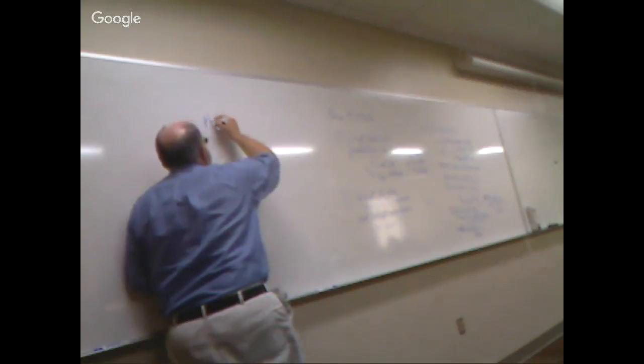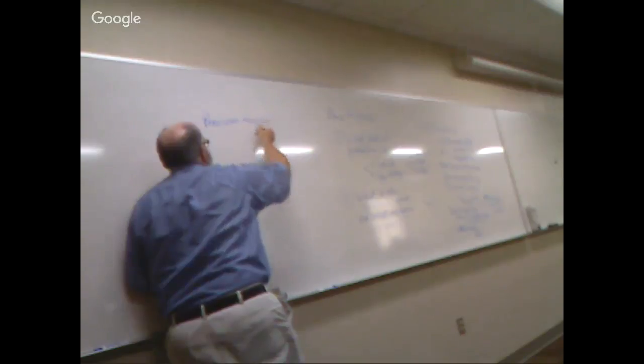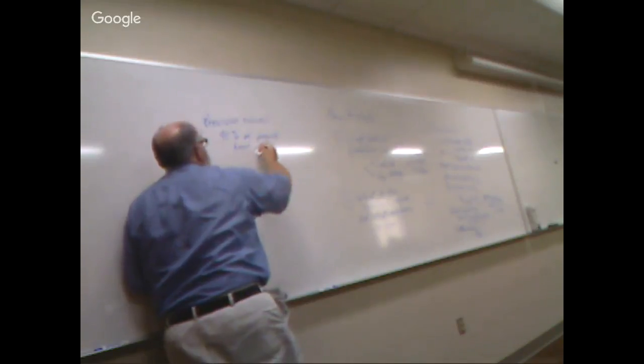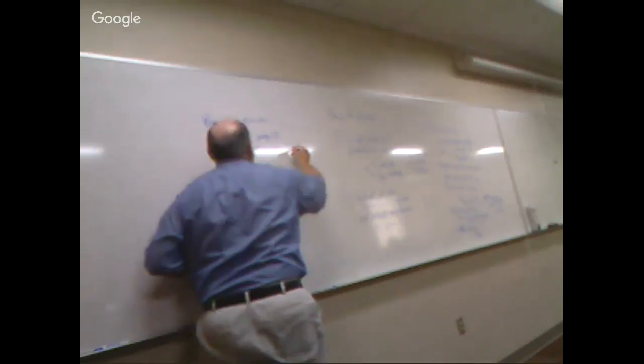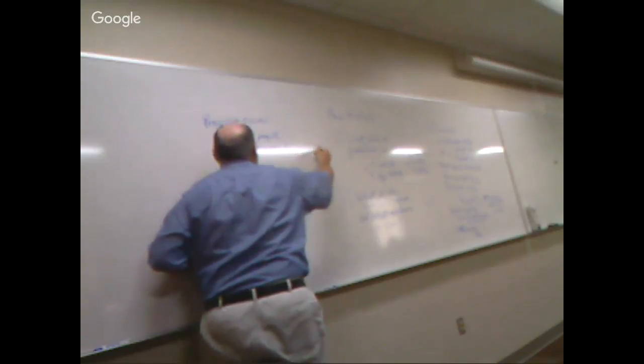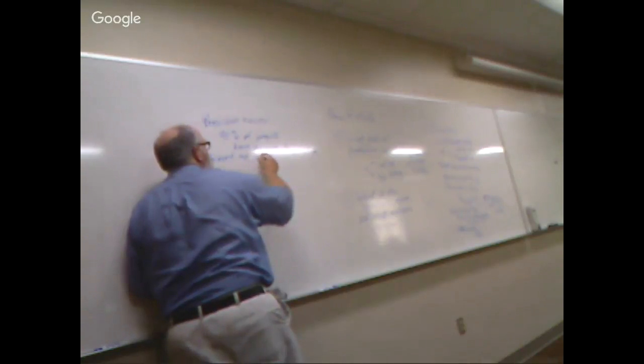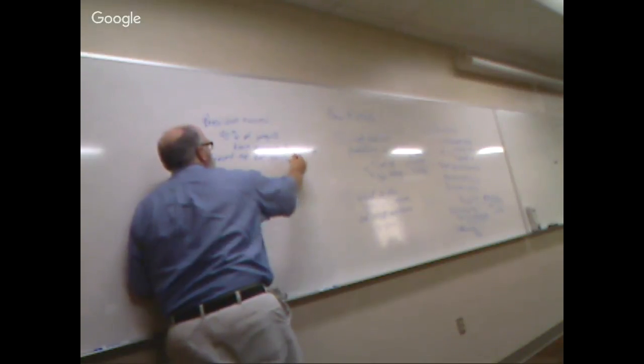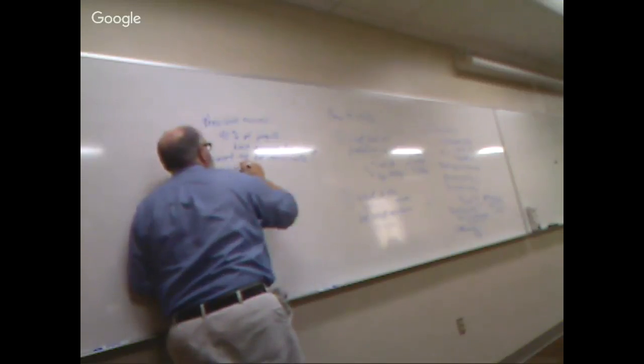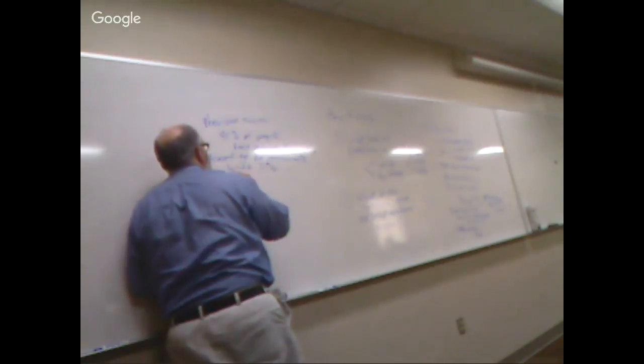So if I have a previous survey where 90% of people have access to produce, and I want to be accurate within 2% for a 99% confidence interval.